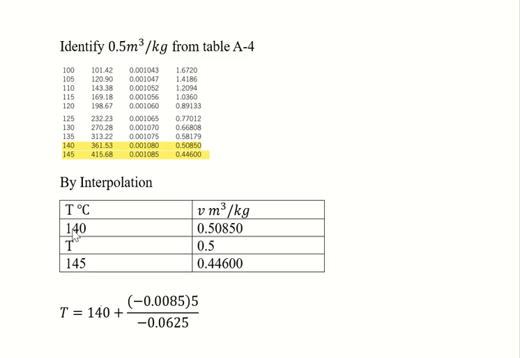You get T minus 140, divide it by 0.5 minus this, and equate it to 145 minus 140, that's why we have 5 here, divided by this minus this. Obviously, this is greater than this, so when you subtract you get a negative, and it cancels out.